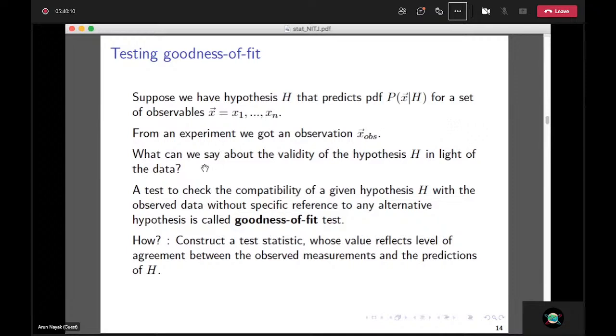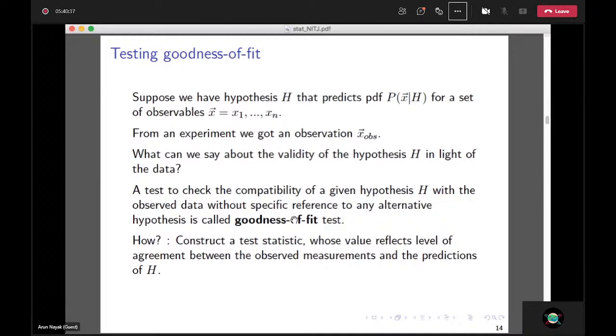So what can we say about the validity of such a hypothesis H in light of the data? Testing the compatibility of the hypothesis with the observed data, without specific reference to any alternative hypothesis, is normally called a goodness-of-fit test.